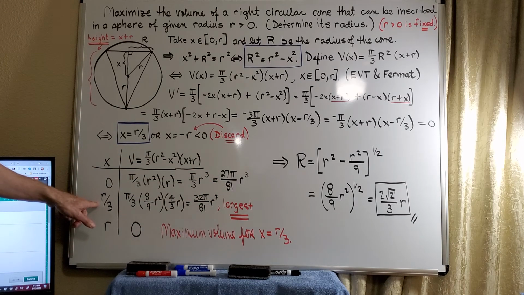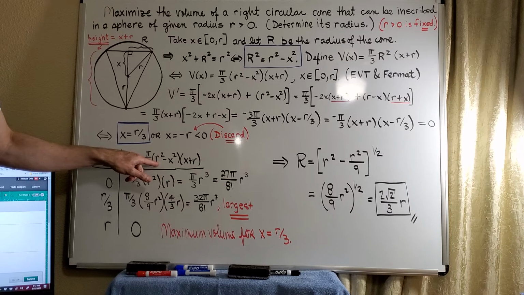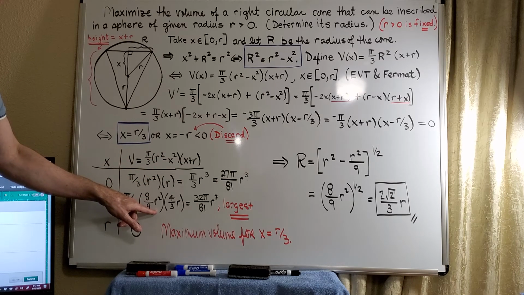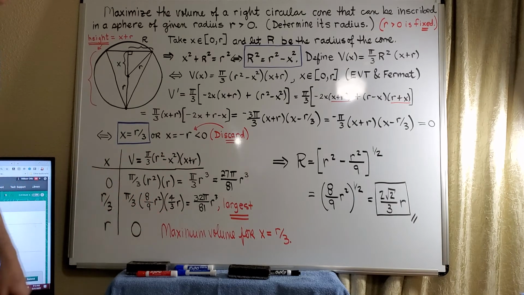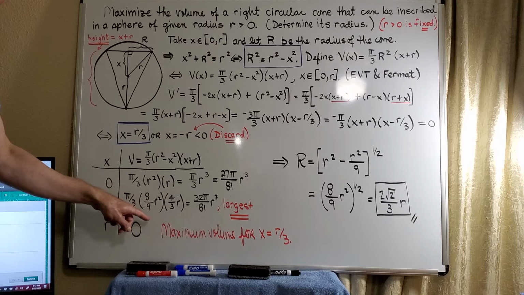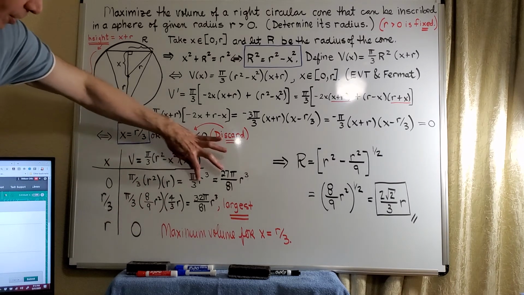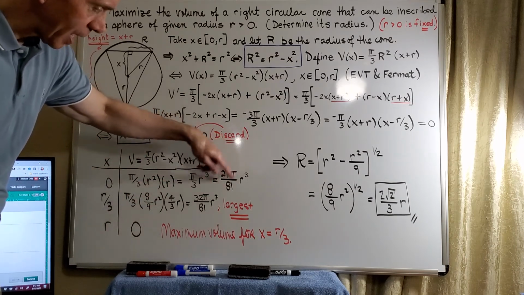Now when we try r over 3, again here, r over 3, that's just going to be r squared over 9. And when we subtract from r squared, that's going to give us 8/9 copies of r squared. And then, of course, here r over 3 plus r will give us 4/3 r. When we multiply this out, notice we've got 81 downstairs and a 32 here. Now, you can see why I did the common denominator there.